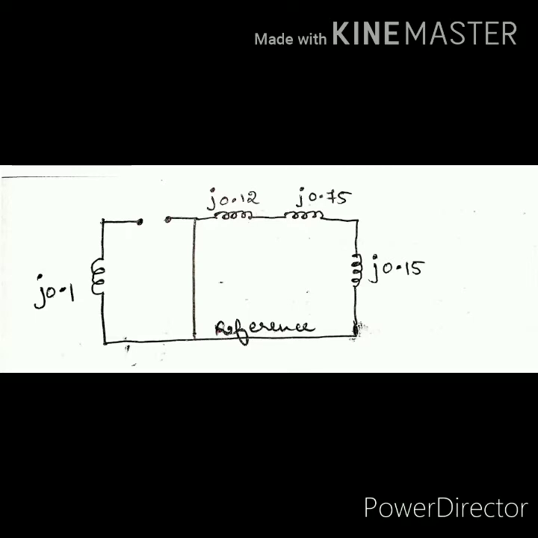And see, the generator, transformer and equivalent system, everything is connected to a common reference. Okay, this is the final zero sequence network that you have to draw.